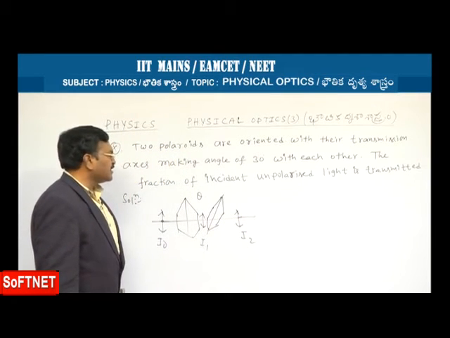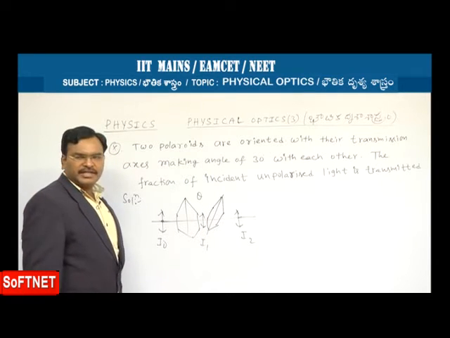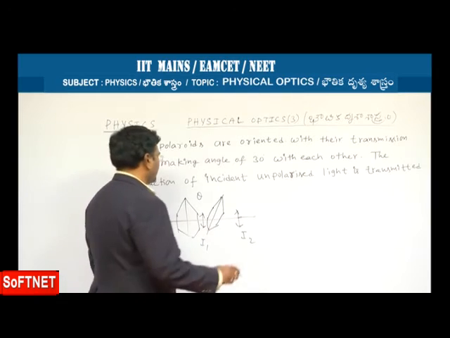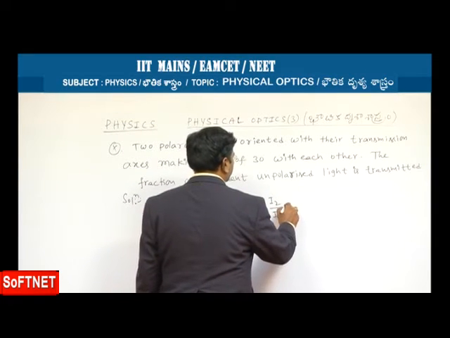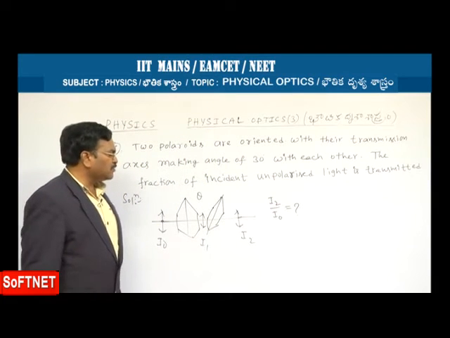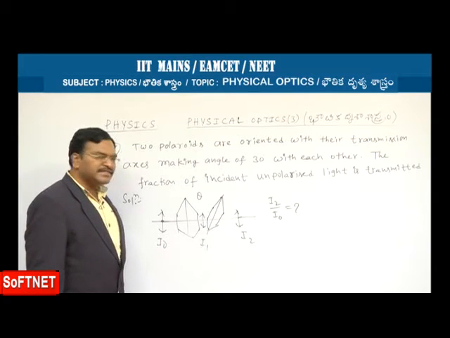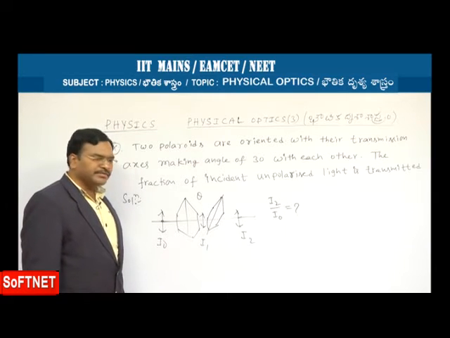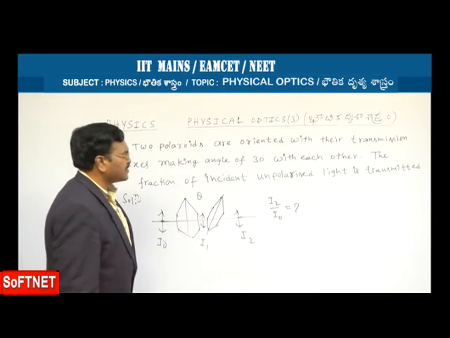Now they are asking the fraction of incident unpolarized light that is transmitted. So I2 by I naught is equal to how much? How do we calculate? I1 is equal to I naught by 2. Here theta is 30 degrees.